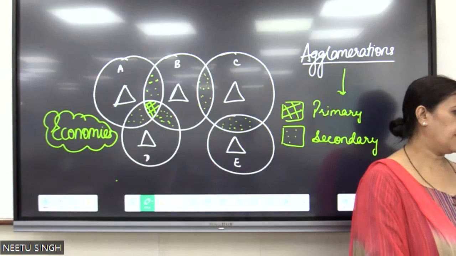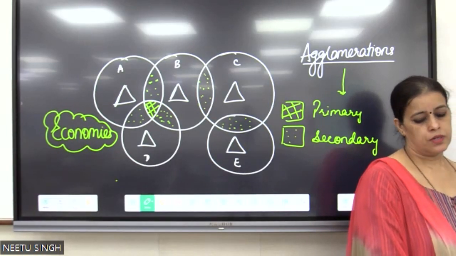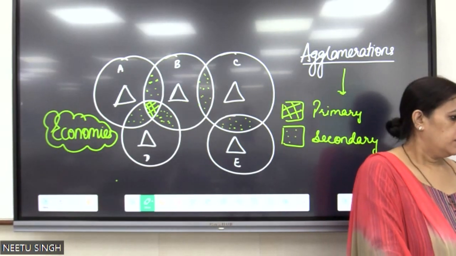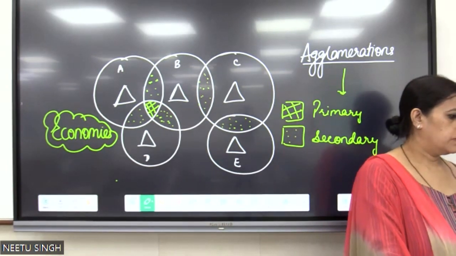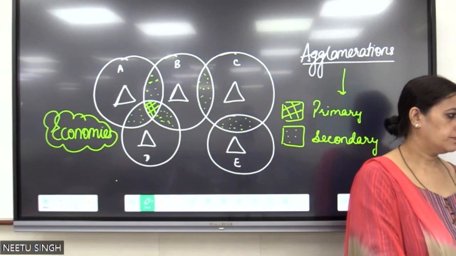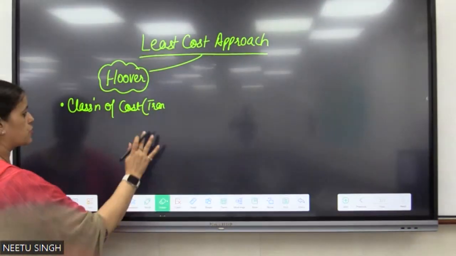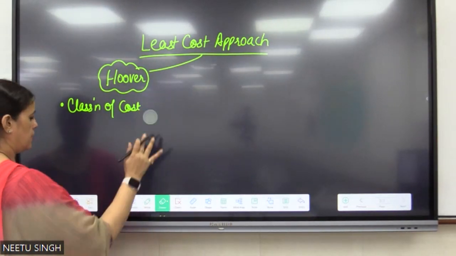Do label primary and secondary. We have written that in content. Let me just continue to write it as cost. I'll enlarge it later. Chalo.